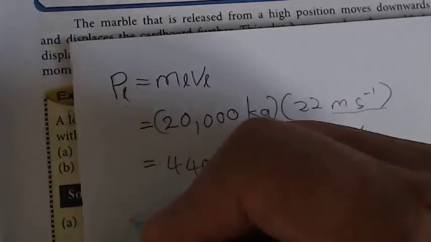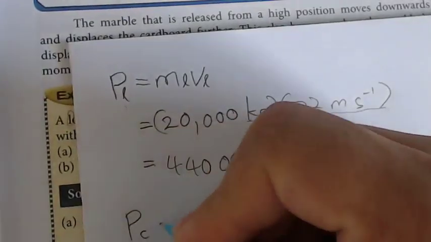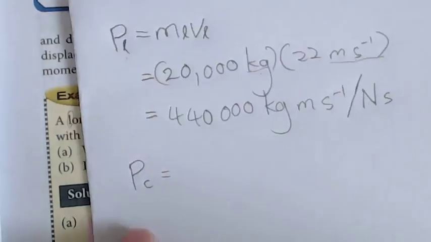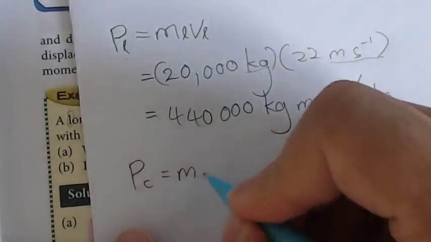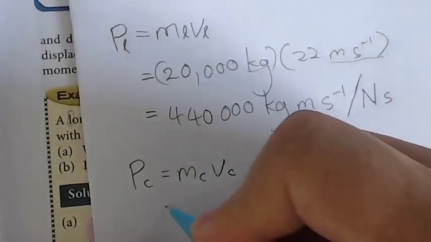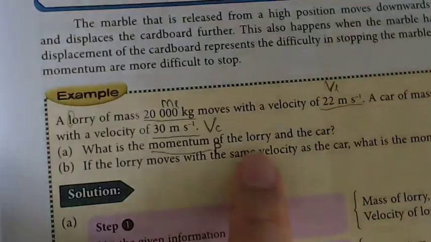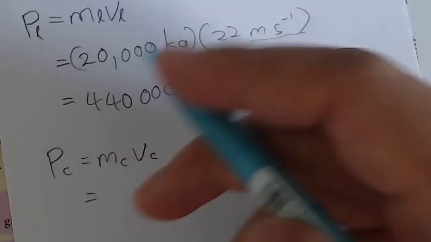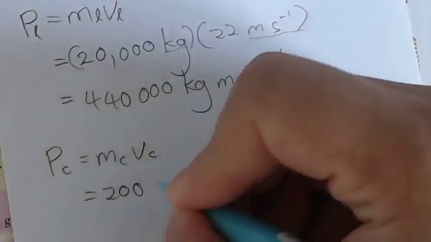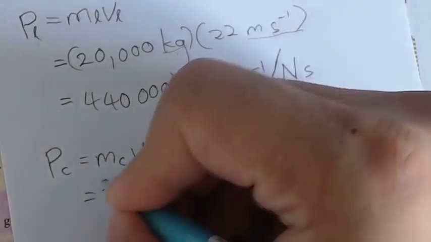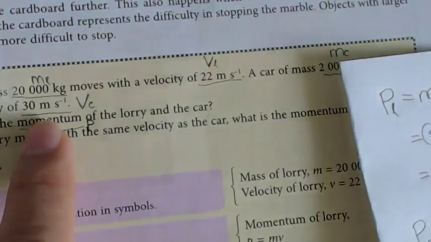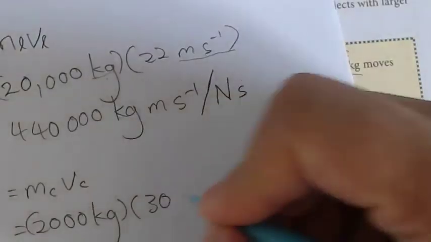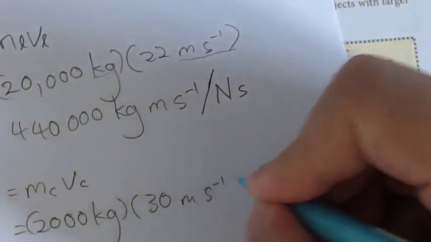Okay, now we find the momentum for the car. We're going to use the symbol for car, MC, VC. MC refers to here 2,000 kilo, and VC is 30 meter per second.